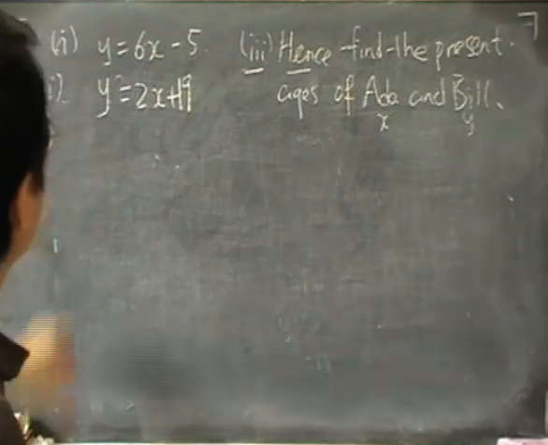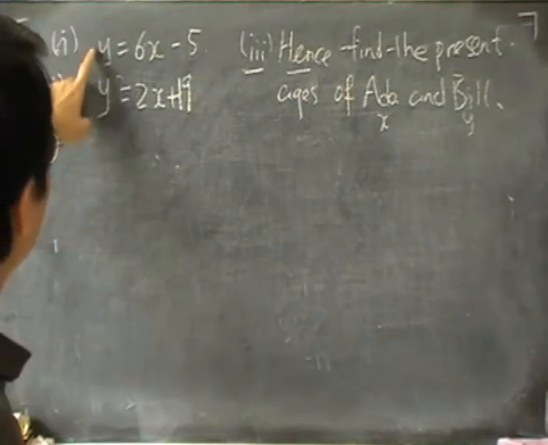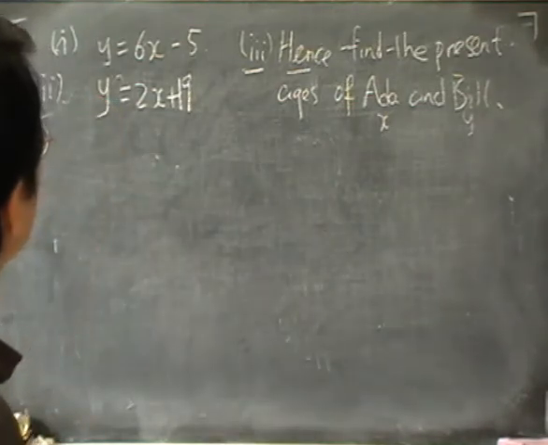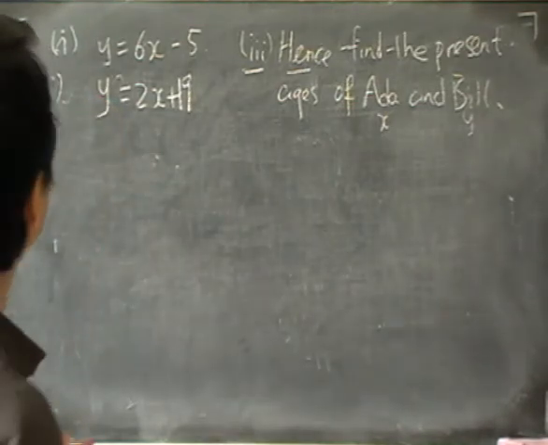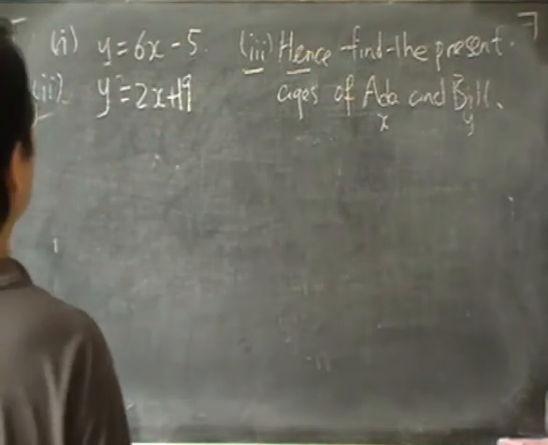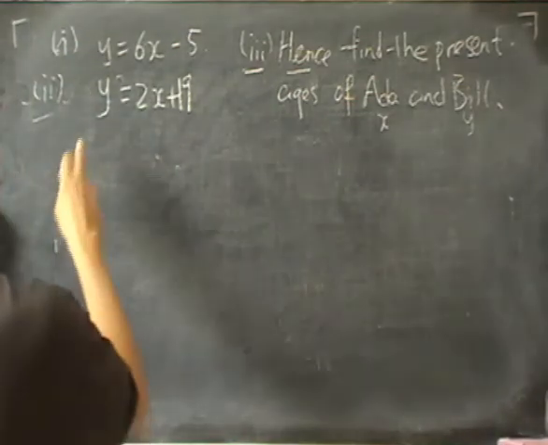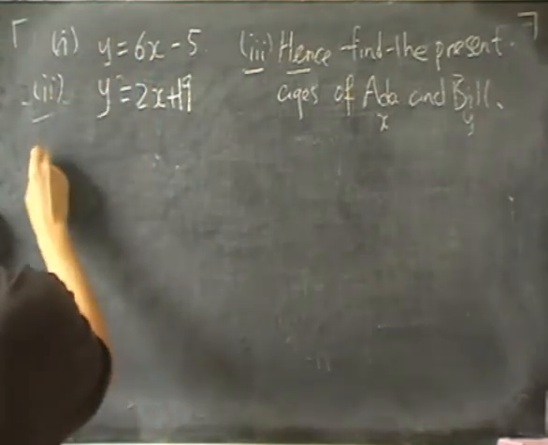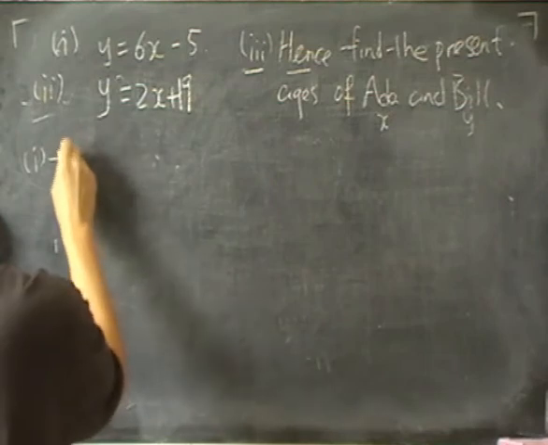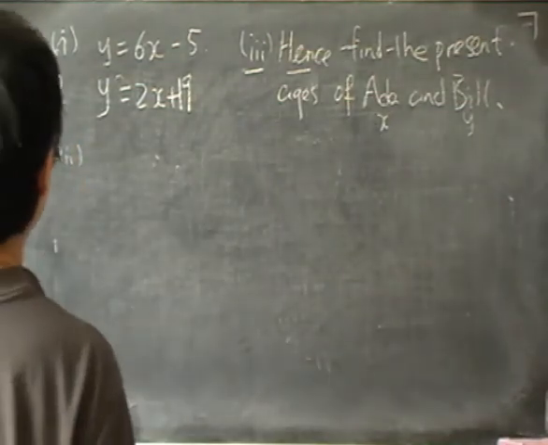Now in this case, I already have y and y on the two sides. So what I could do is I could subtract them. Let me take I minus II.